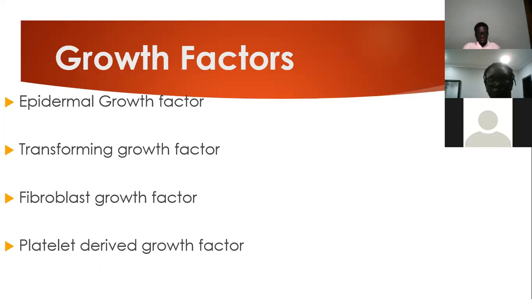Some of them are stimulated by the cells which are involved in the injury themselves. Some too are produced by adjacent cells in the vicinity of the wound, and they act on the fibroblast either by autocrine or paracrine signalling.